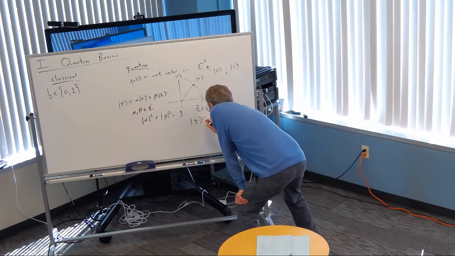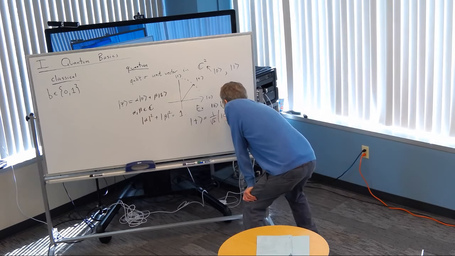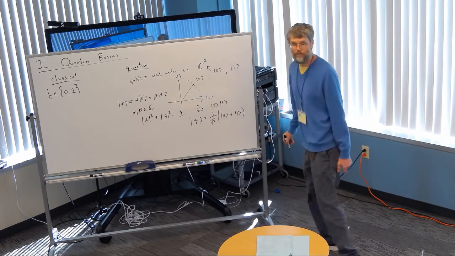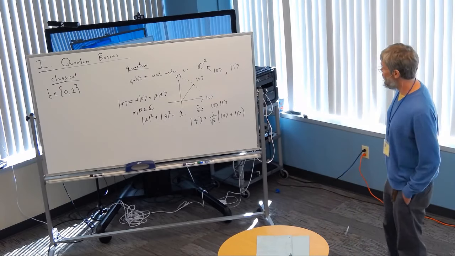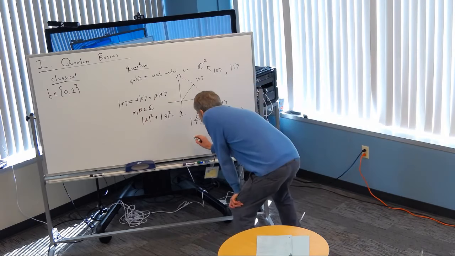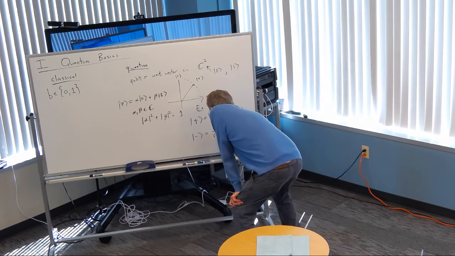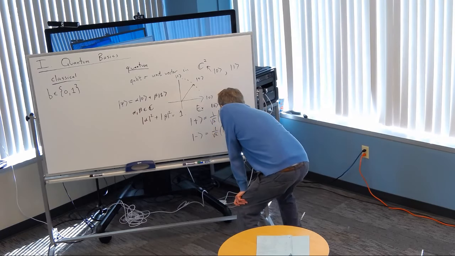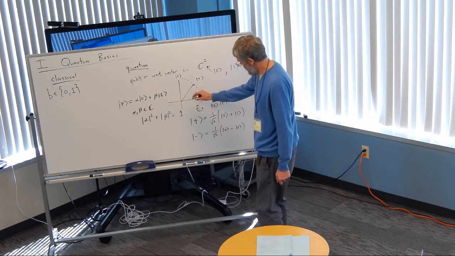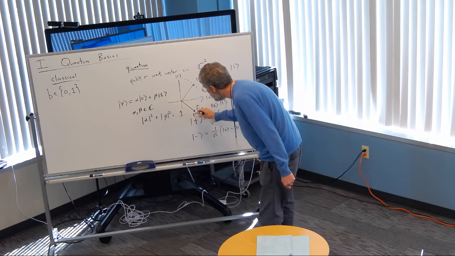And that's 1 over root 2 times ket 0 plus ket 1. And this is called the equal superposition of 0 and 1. There's also a state called ket minus, which is 1 over root 2 times ket 0 minus ket 1. So that's the unit vector that points in this direction, I guess. Minus is down there.